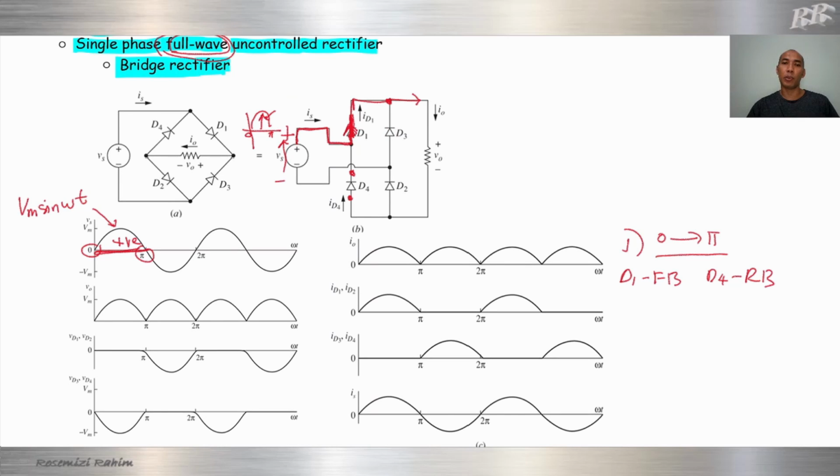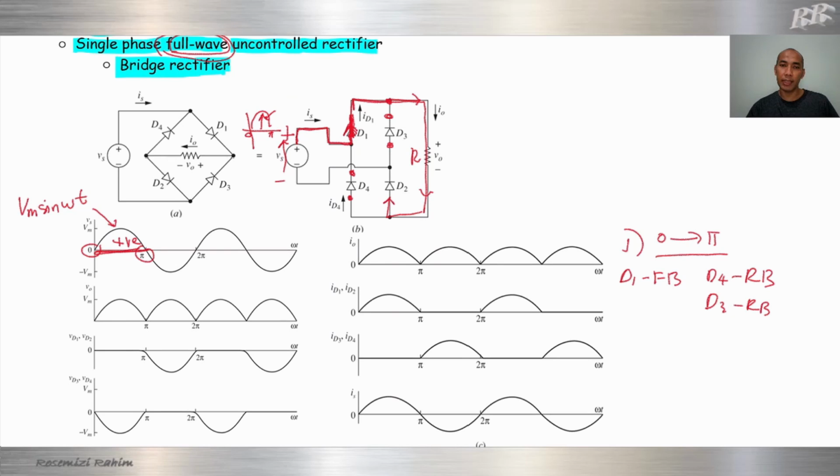No current flows through D3 due to reverse bias, open circuit. So all the current will go to the load, this one is R.